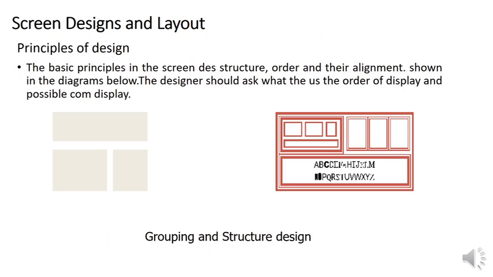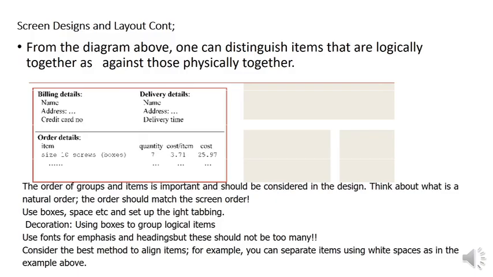Principles of design. The basic principle in the screen structure, order, and their alignment is shown in the diagram below. The designer should ask what is the use, the order of display, and possible combination display, the grouping, and just look at the display.